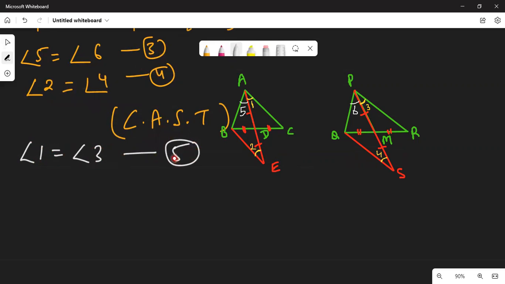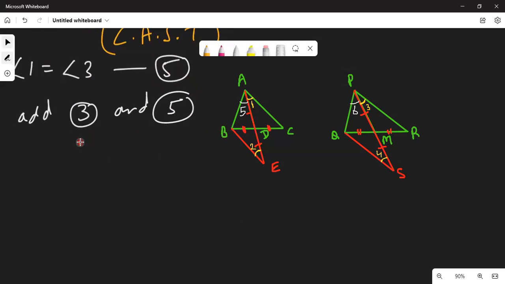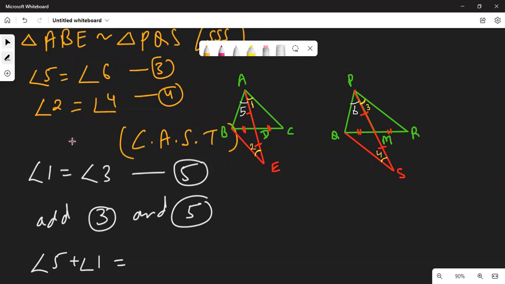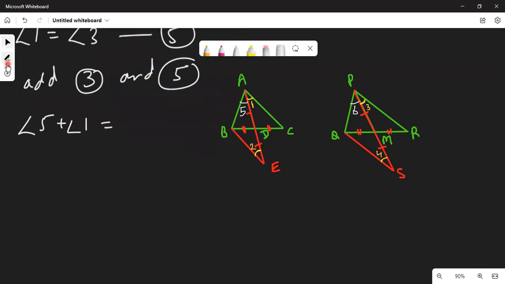Let's say this is equation number 5. Can we add equation 3 and 5? Simply add. What do we get? Angle 5 plus angle 1 is equal to angle 6 plus angle 3.